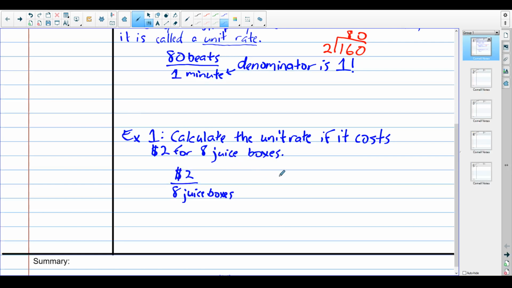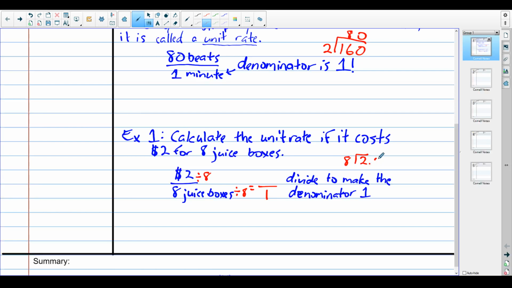So then we want to divide this to make our denominator 1. So what Geyer wrote was divided by 8 and divided by 8. And then 8 divided by 8 would give us 1. And then the math bar we need to do is what is 2 divided by 8.